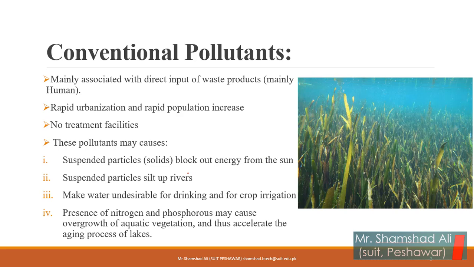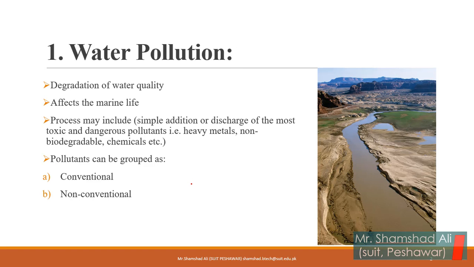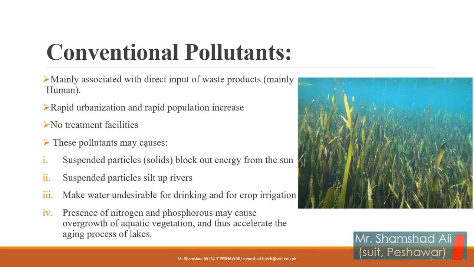Suspended particles silt up rivers. As we can see in the previous slide, these are basically the silts here and here. So the silting process makes water undesirable for drinking and for crop irrigation.